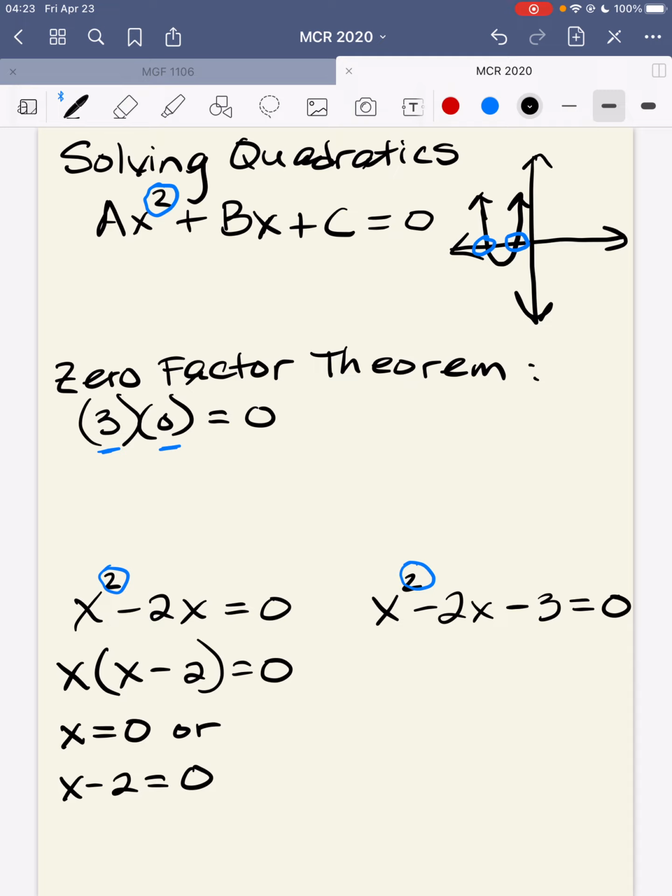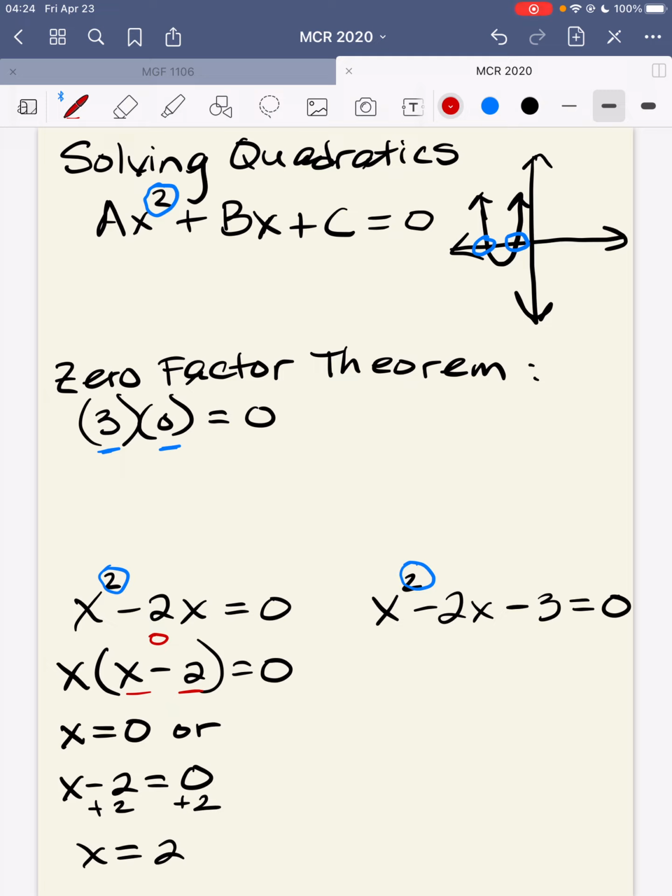Okay, so if I add 2 to both sides just like I would for any other equation, x is going to be equal to 2. And that makes sense because 2 minus 2 is 0. And as long as this is 0, then it doesn't matter what the other item is. It's going to be 0.